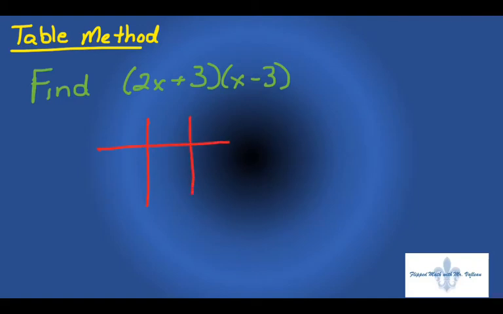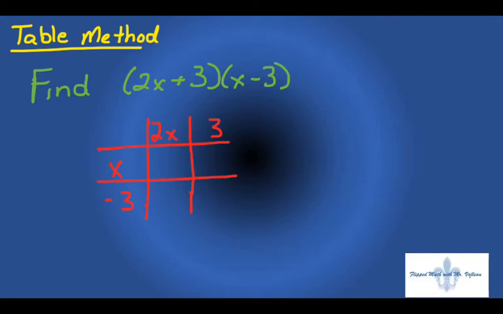We have the first term up here, 2x and 3, and on the other side we have x and negative 3. Now we've divided our terms out into a table, and we can multiply and find those products as we go through.